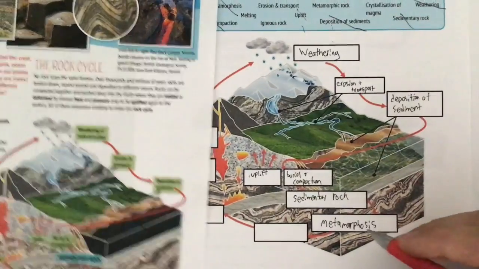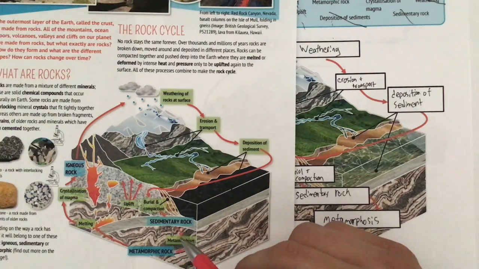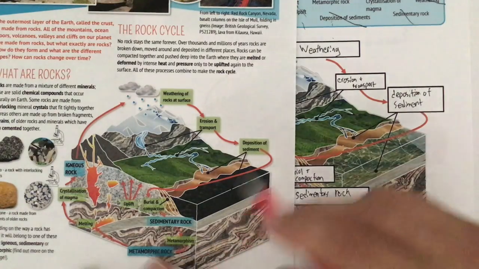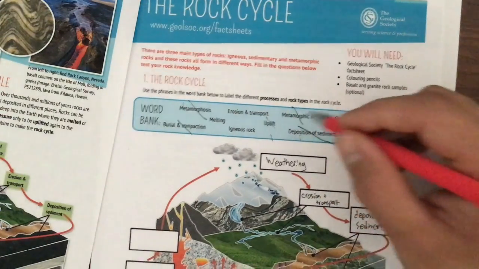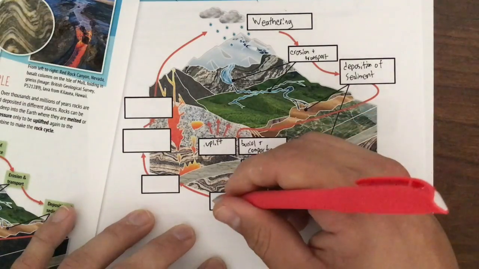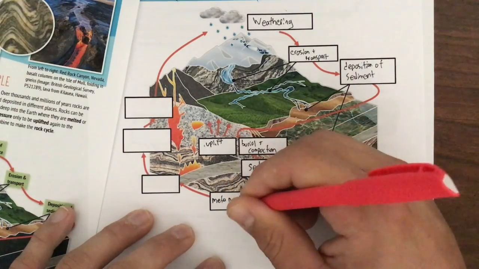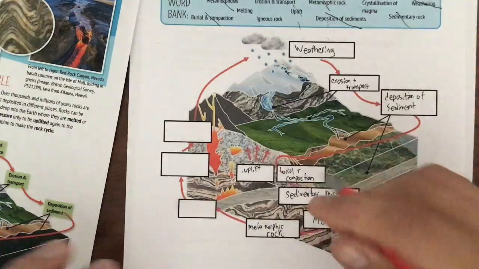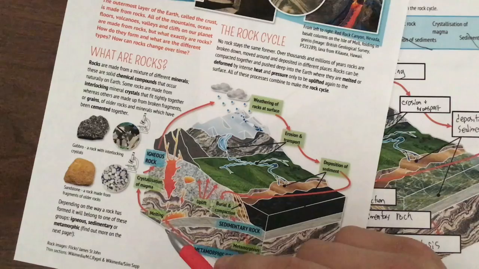And then after sedimentary evolves, it turns into metamorphic rock. Makes sense, right? It goes through metamorphosis, so it's metamorphic rock. So now we have metamorphic rock.